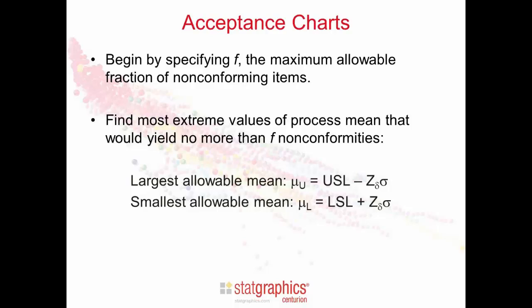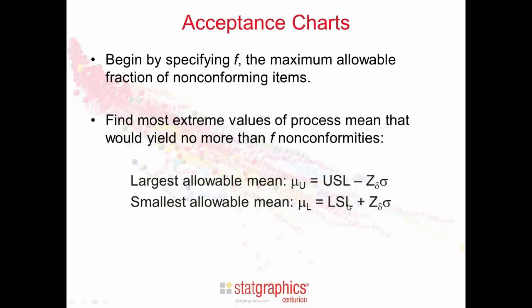That z delta is something from a standard normal distribution, and we'll bring ourselves below the upper spec limit just far enough that there won't be any more than F items, F is a fraction, beyond the upper specification limit.